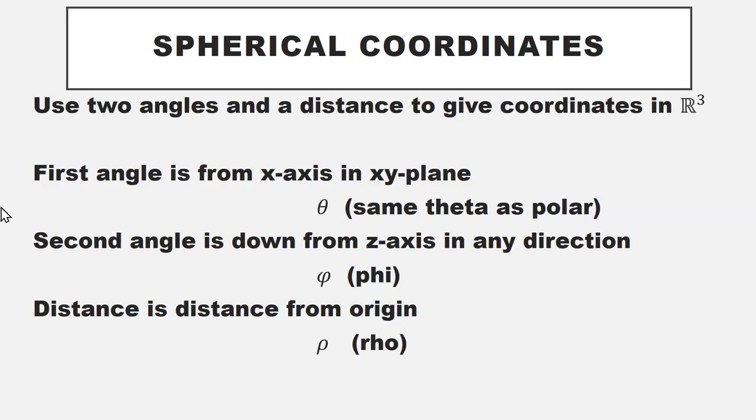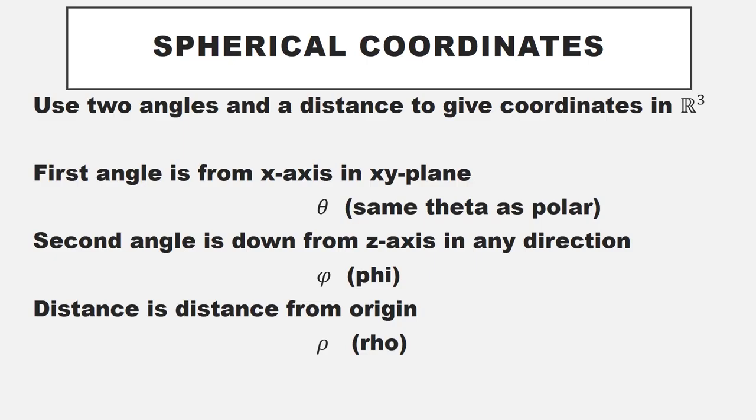Now, what two angles are we going to use for reference? The first angle that we're going to use is the angle from the x-axis in the xy plane. That is theta. So this is the same theta that we use in polar coordinates. So we go how far from the x-axis in the xy plane.